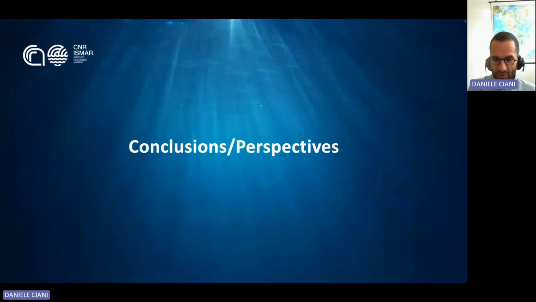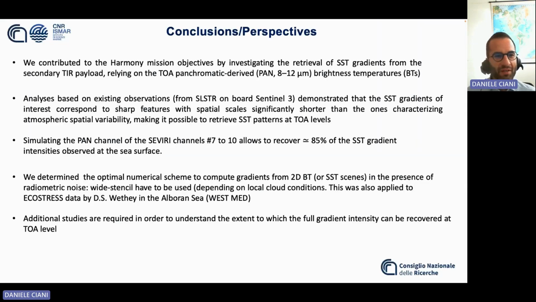We go quickly to some conclusions and perspectives of this work. So we showed very simplified studies in which we show how we are contributing to the development of this ESA Earth Explorer 10 mission for the estimate of SST gradients at the sea surface from single-channel top-of-atmosphere observations.